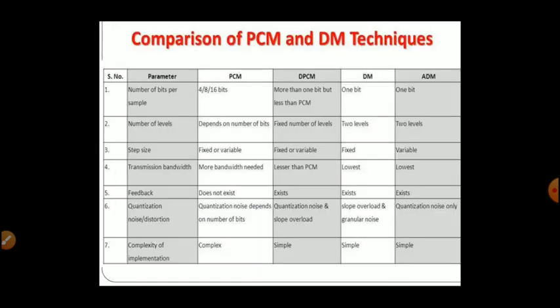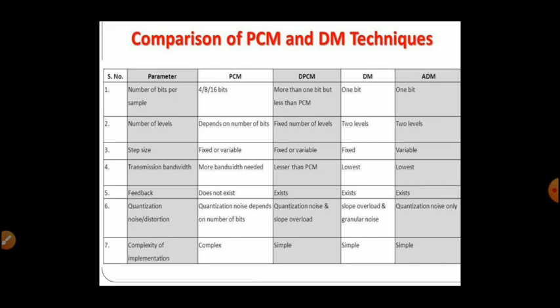Granular noise in delta modulation is analogous to quantization noise in conventional PCM. Comparison between PCM and DM systems. Here, the first column is the parameter, followed by PCM, DPCM, delta modulation, and adaptive delta modulation. This table shows the comparison between pulse code modulation, differential pulse code modulation, delta modulation, and adaptive delta modulation.